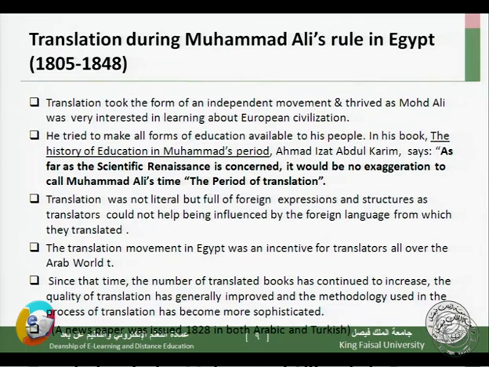Now, regarding the method, it wasn't really communicative, or like free translation. It was literal but with awkward structural language, because they used to translate from Turkish into Arabic, and the translation was not literal, but still it had some Turkish words in it.